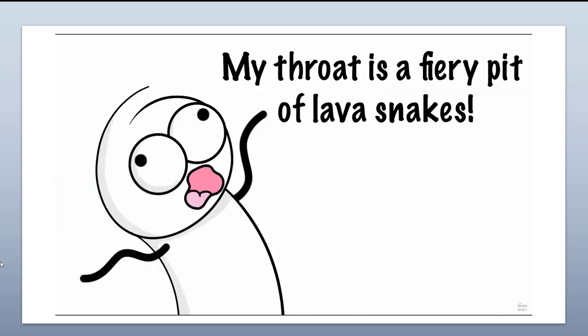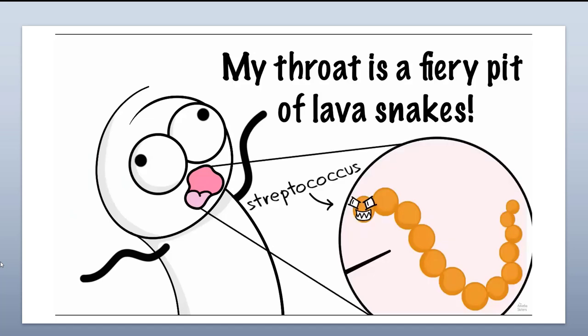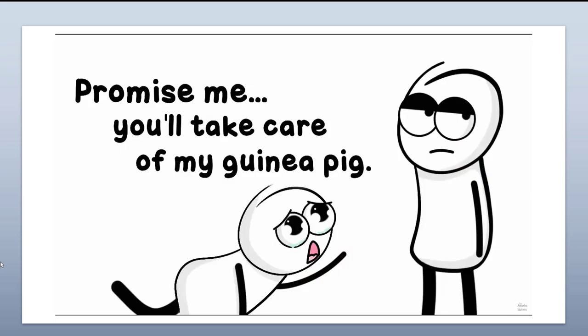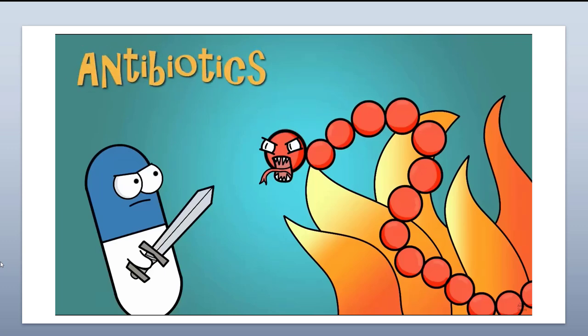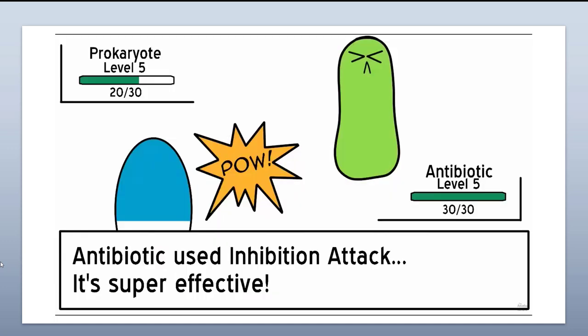So here's a question for you. Have you ever had strep throat? Now, not all sore throats are strep, but strep throat is caused by bacteria. And if you have had it before, it typically really hurts. And chances are, if you have had it, you've taken a course of antibiotics. Antibiotics are specifically designed to terminate prokaryote cells, which in your body would be bacteria, instead of your own cells, which are eukaryote cells.